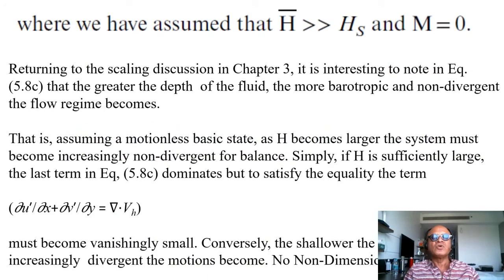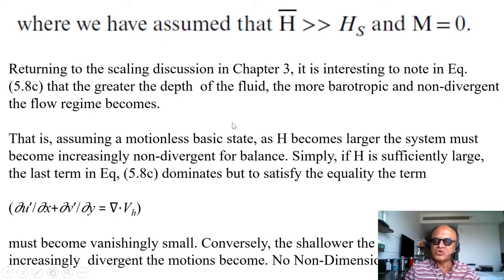Okay, so we have assumed here again H bar is much greater than Hs, and there is no source or sink of mass. So obviously you have to jump back to the scaling discussion now. Every time you do this kind of split, you have to start thinking about scaling and see which terms dominate and what the non-dimensional numbers may be, etc.